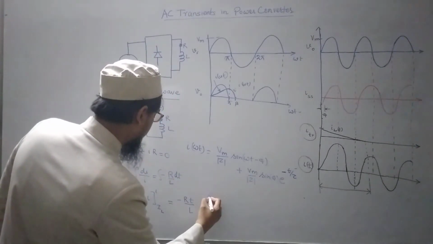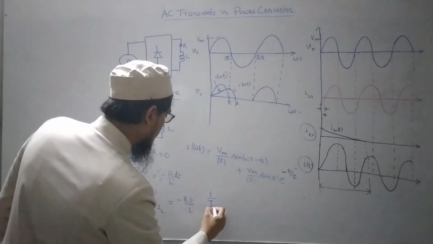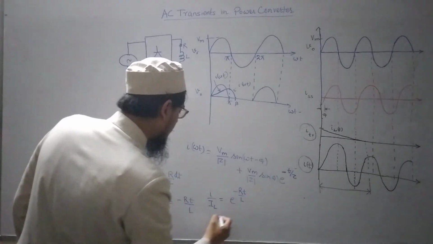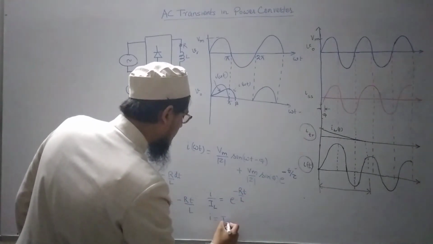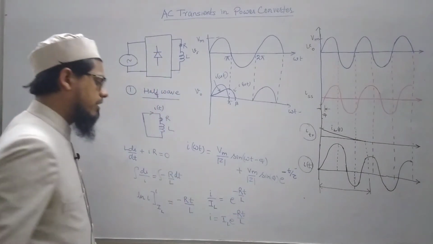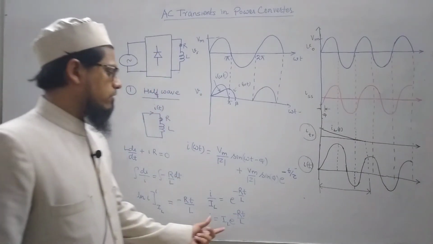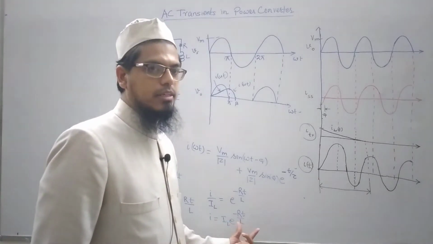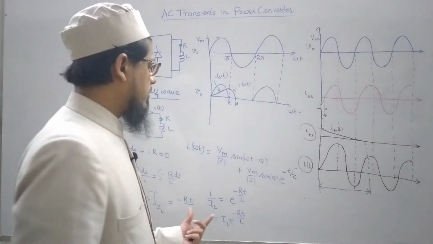So from here you could see that i upon IL is equal to e to the power minus RT by L. So i equals IL times e to the power minus RT by L. This is an exponentially decaying current.